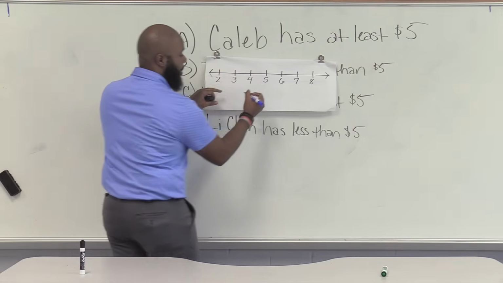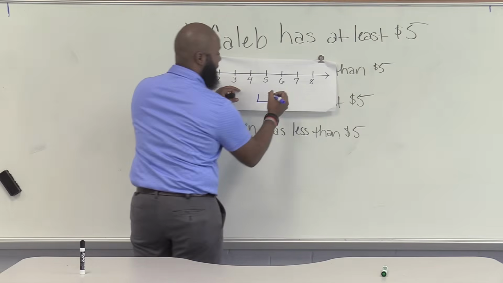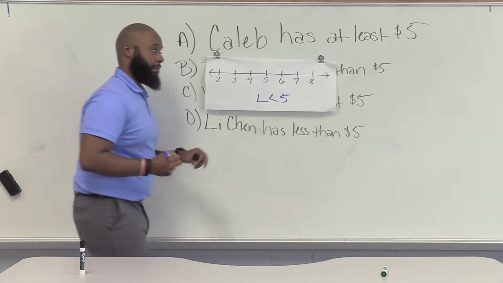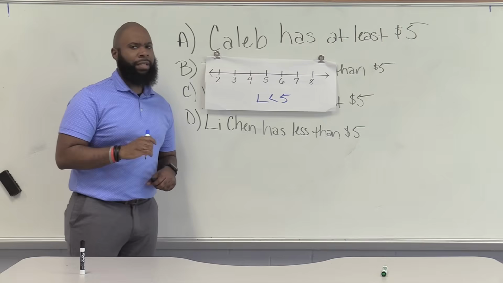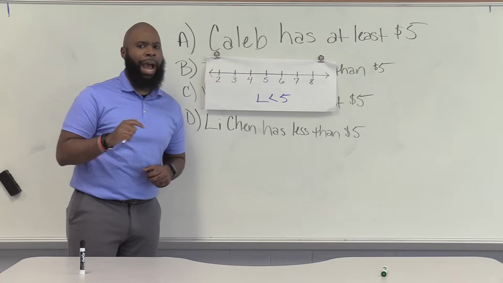Okay, so I'm going to write that as L, for Lee Chen's amount, is less than 5. So that's my inequality. Now I'm ready to graph. Is my graph going to look exactly like Vanessa's or different? I want you to think about if it is or not and why not.